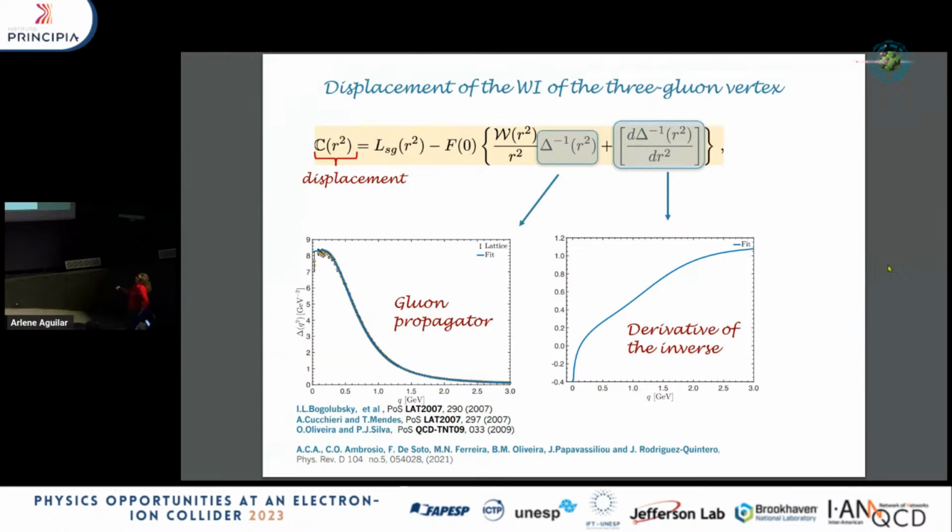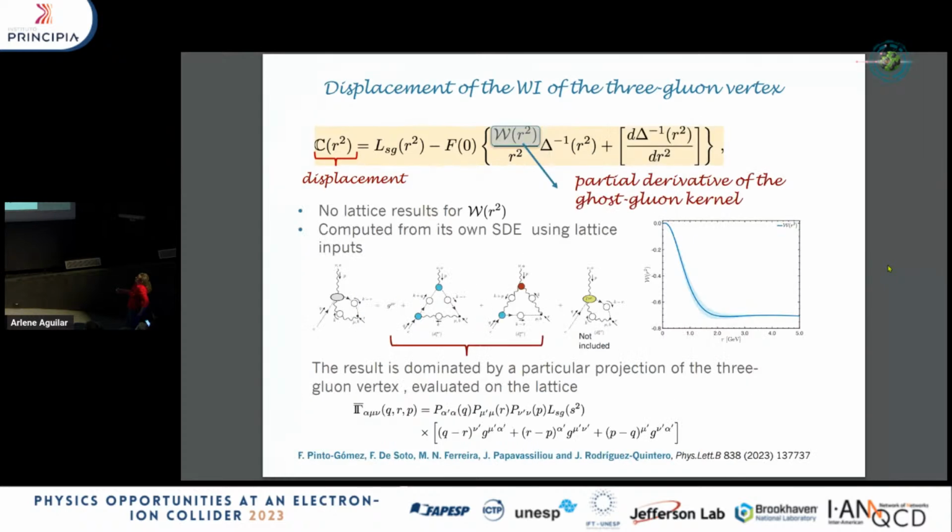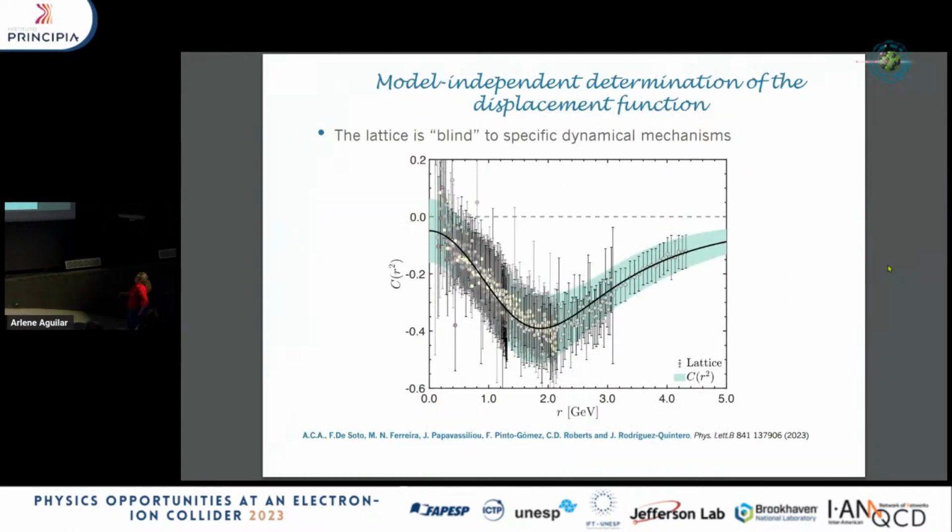This is the inverse of the gluon propagator, and the inverse of the derivative that you can compute with the lattice data. And this W is the derivative of the ghost-gluon scattering kernel that is not computed on the lattice, but you can compute using the Schwinger-Dyson equation using lattice inputs. And you have done that in this work.